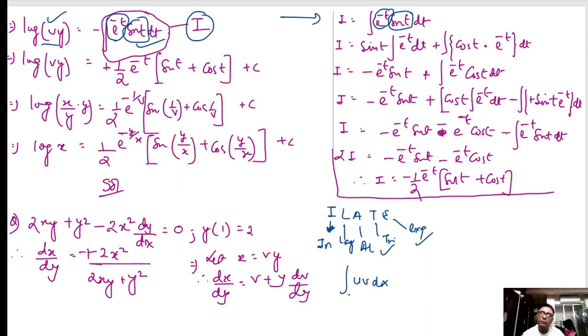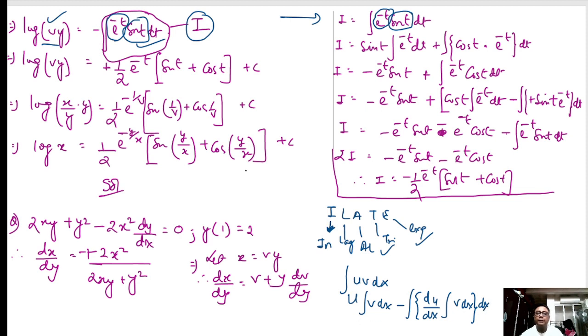what we will do is: U times the integral of V dx, minus the integration of the differentiation of U into the integration of V dx, into dx.